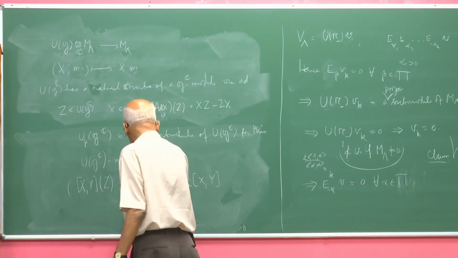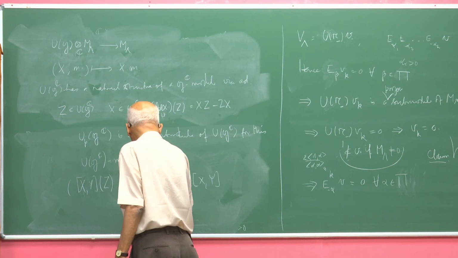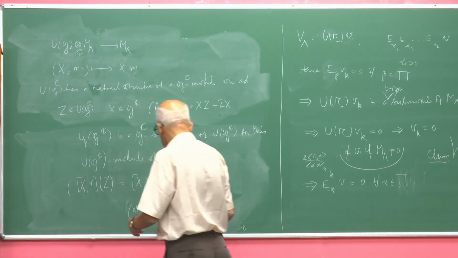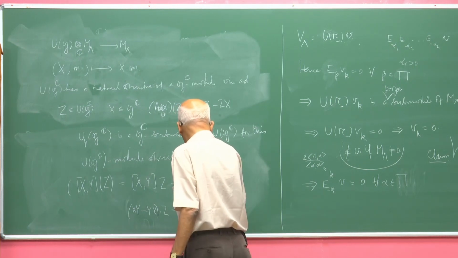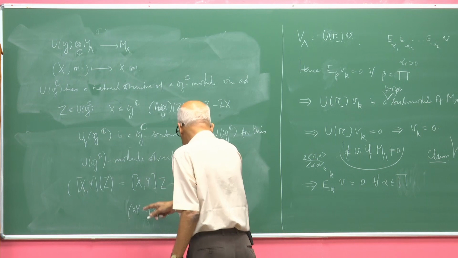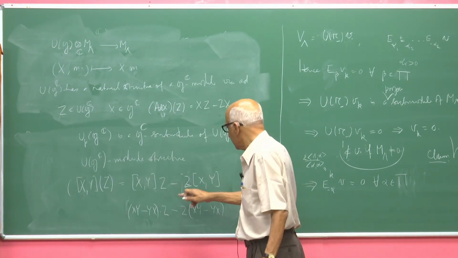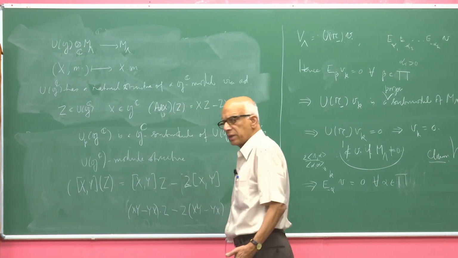Expand it out: this is xy minus yx in the enveloping algebra, bracket yx to z, minus z into xy minus yx. Expand it out and you find eventually the whole thing stays. If you take z in UPG, you find that the whole thing stays inside UPG.